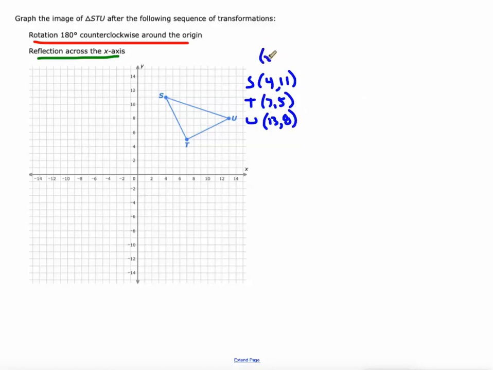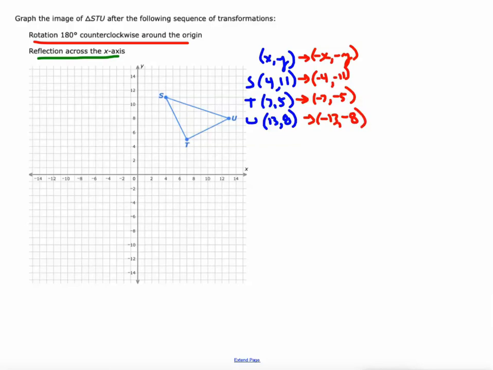Those are our original points, X, Y. So we'll start off with the 180-degree counterclockwise rotation. The rule for that is (-x, -y). Basically take the opposite of your x and the opposite of your y. Pretty easy. -7, -5, and -13, -8.